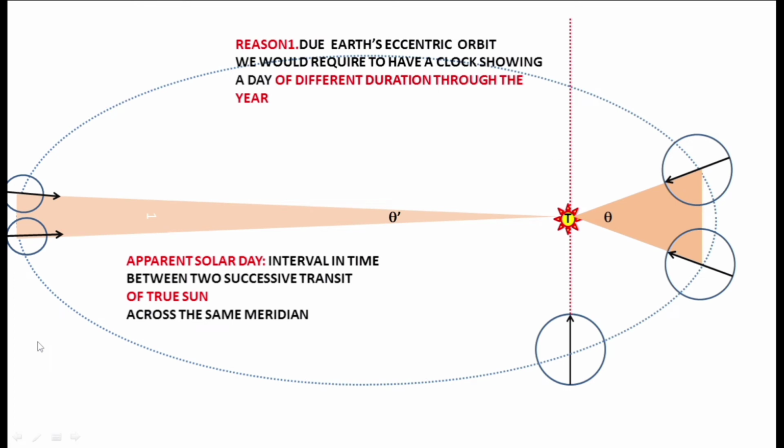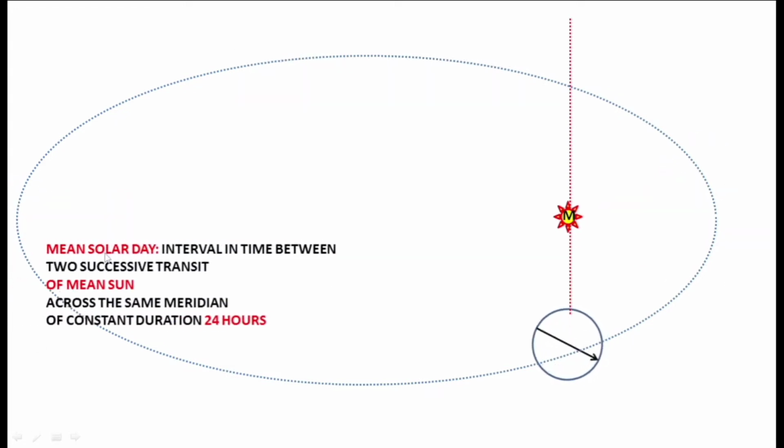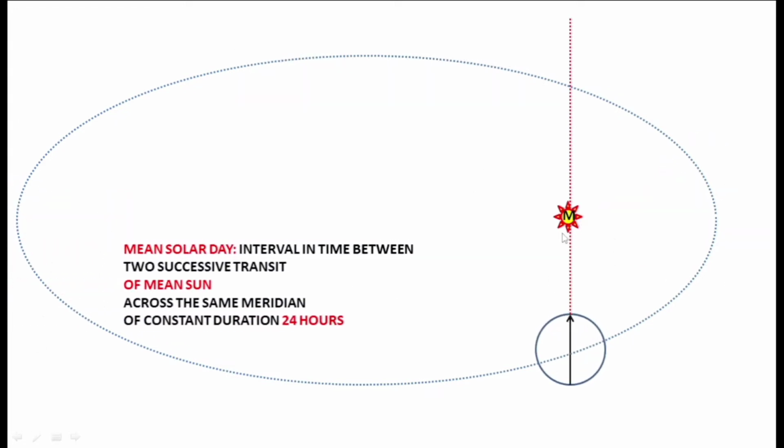Now if we were taking the time with this true sun, then we would need a clock that shows different durations throughout the year. And that is where we have come up with the mean sun. Two successive transits of the mean sun over the same meridian is called the mean solar day, and we have taken it as 24 hours.